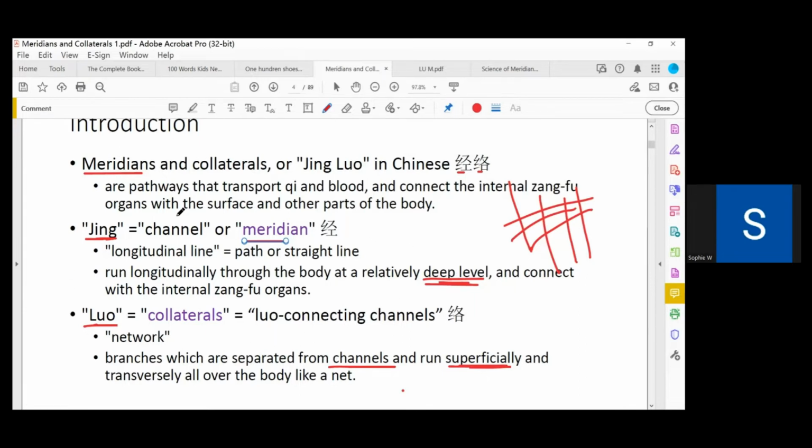So in the meridian and collateral systems, if the lines connect with the organs, that means deeper.